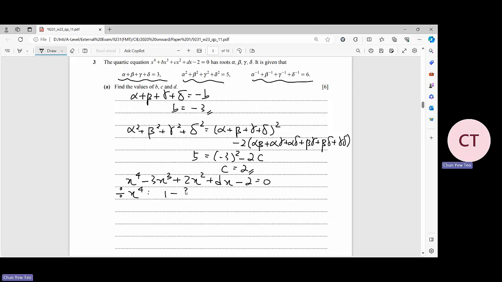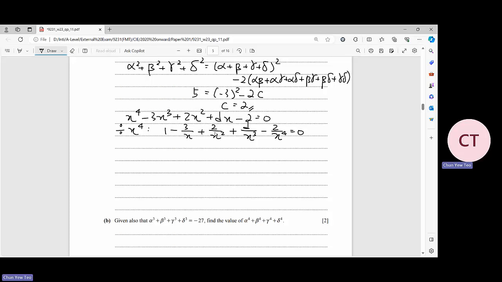I get this. Okay. Then I bring it over here like this. Make it become positive 2 multiplied by 1 over x power 4.